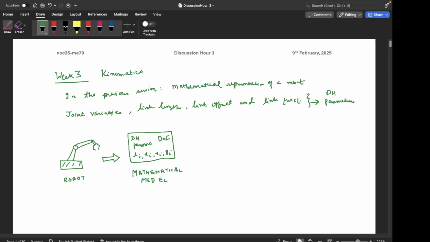Now after this, we have some equations that relate these two quantities, right? This is what we will discuss today.